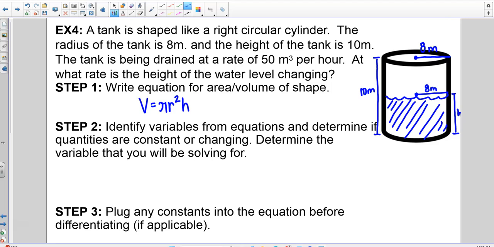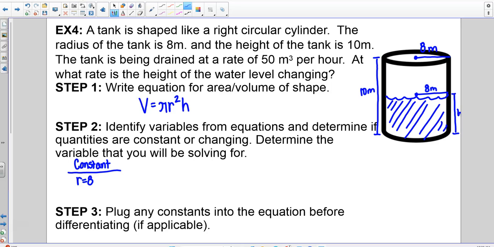The height of the water in the tank will change as we see this tank being drained, but the radius does not change. So our constants here: our radius equals 8 at all times.